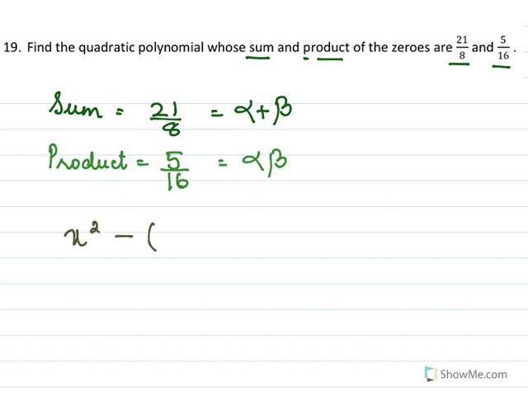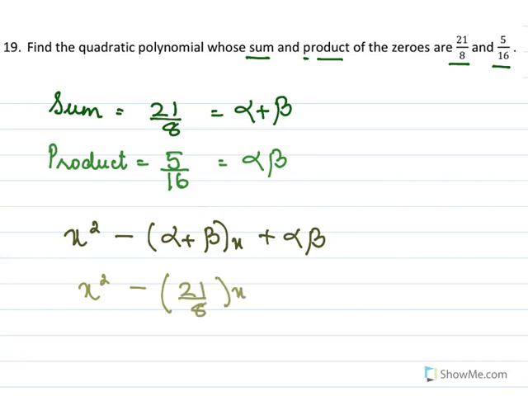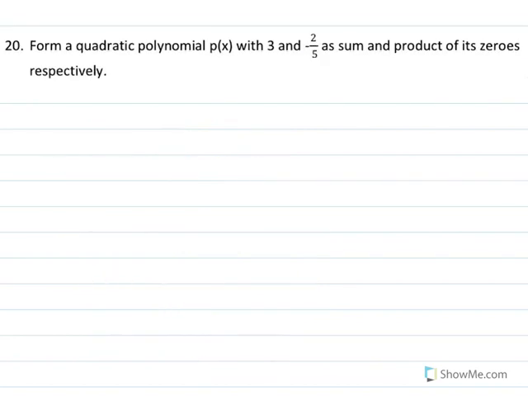Formula: x square minus sum of roots plus product. So it is x square minus 21 by 8 x plus 5 by 16. You can do it this way, or you can take the LCM.